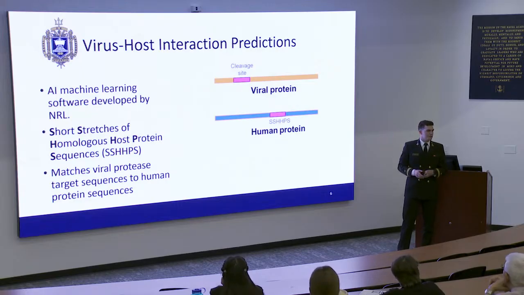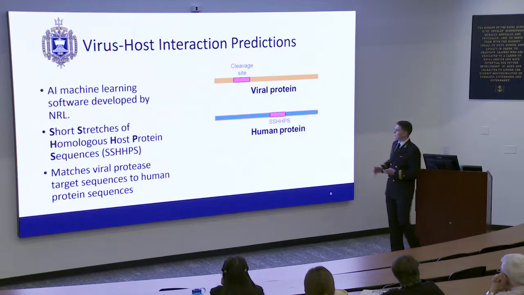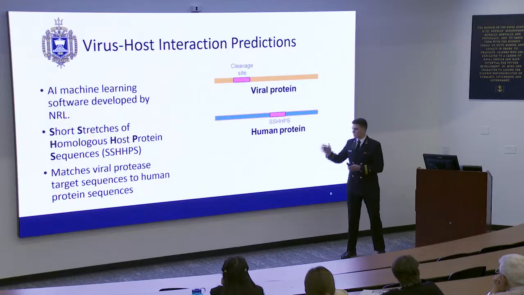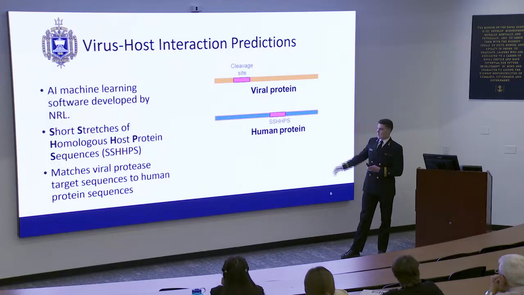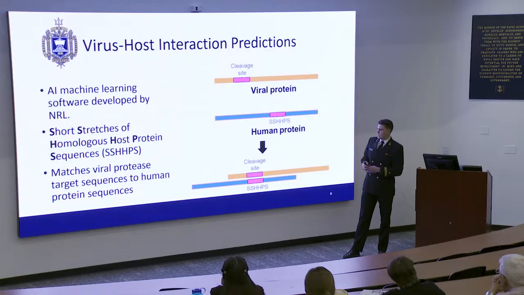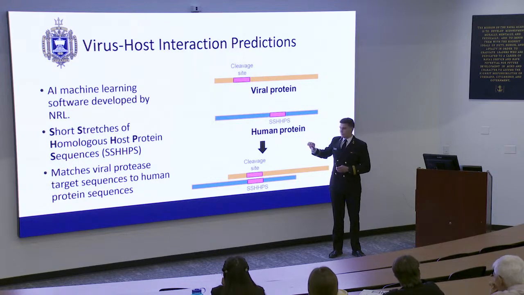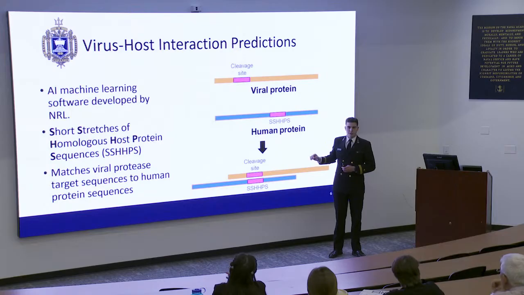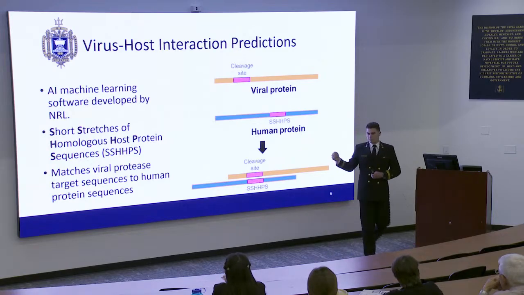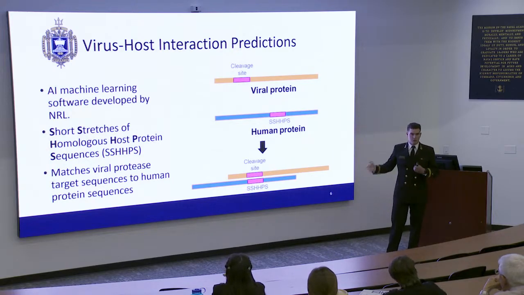It looks at the sequences of human proteins, and it finds short stretches of host protein sequences that are homologous to the target sequence of these viral proteases. These match up and allow us to predict if the Zika virus protease targets this specific sequence, and this sequence exists in a human protein, maybe the Zika virus viral protease will target this human protein.